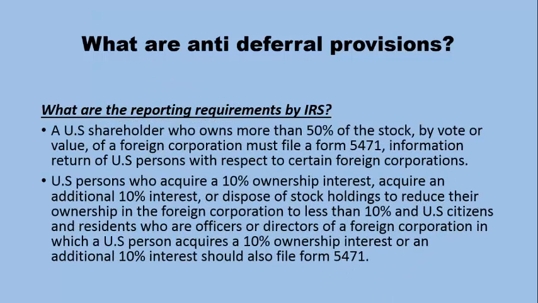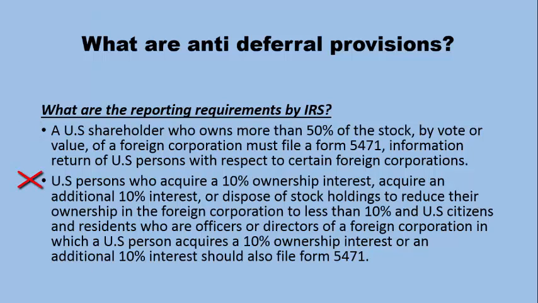Let's talk about what the reporting requirements by the IRS are. A U.S. shareholder who owns more than 50% of the stock by vote or value of a foreign corporation must file a Form 5471, information return of U.S. persons with respect to certain foreign corporations.